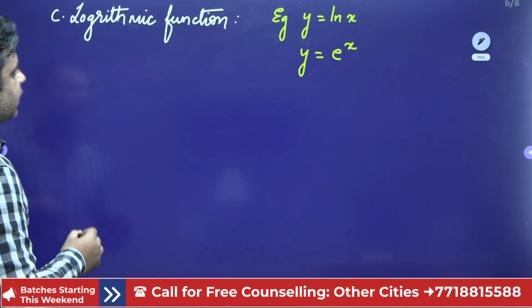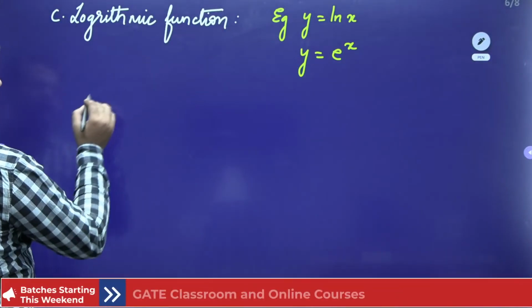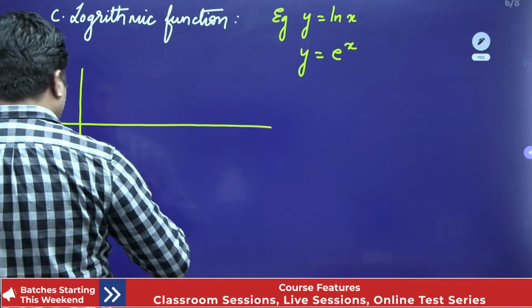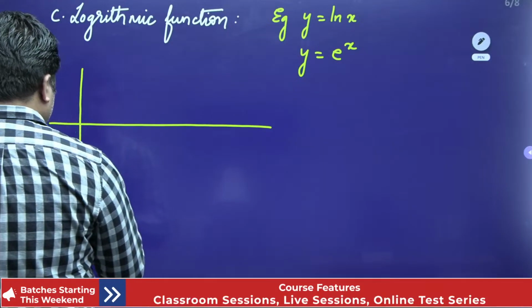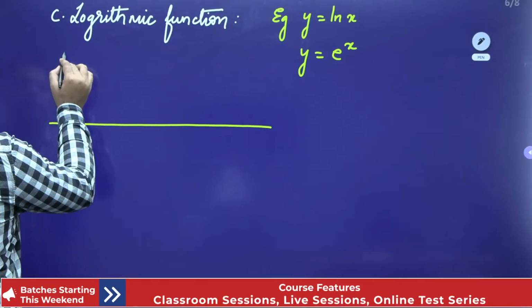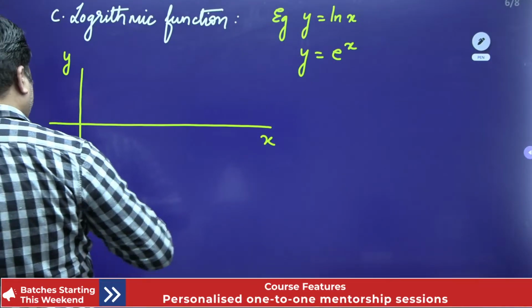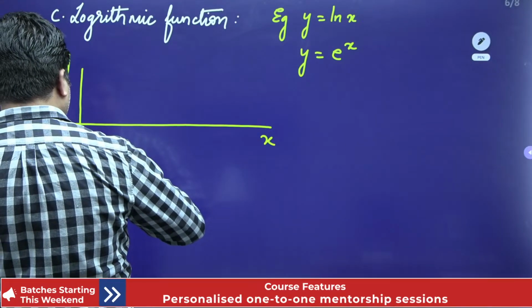If you look into the curve of y is equal to natural log of x, you will have a plot like this. So this is your y, this is your x-axis, and if you see the plot of natural log of x, it will be like this.